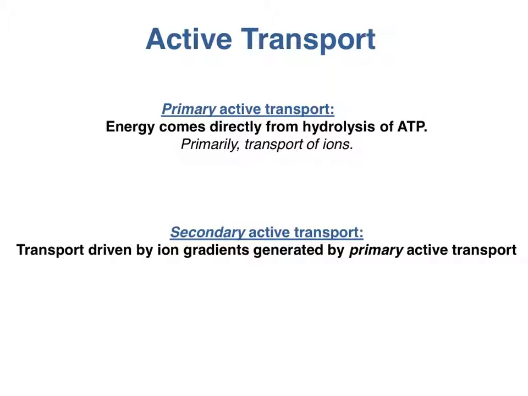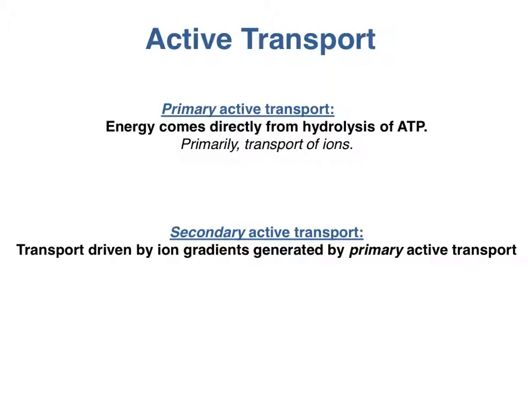Okay, so we have our three forms of passive transport: simple diffusion, facilitated diffusion, and osmosis. Now I want to get into talking about active transport. Active transport can be further subdivided into primary active transport and secondary active transport.